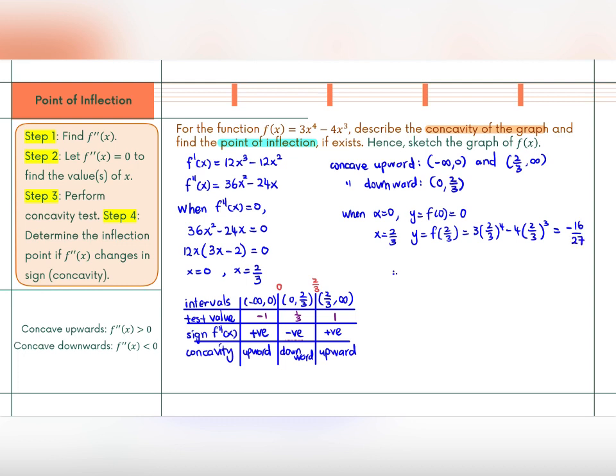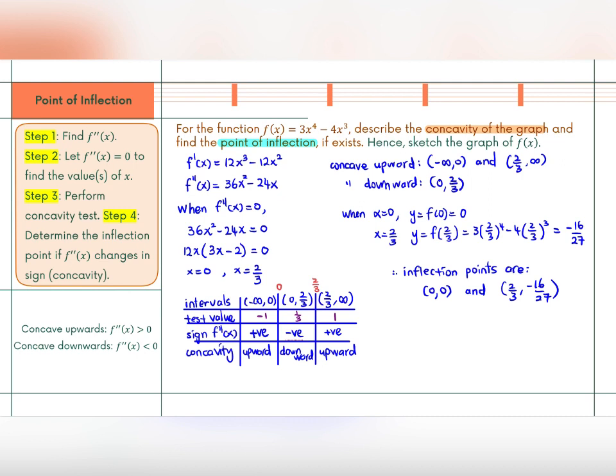So therefore, we can conclude our points of inflection are 0, 0 and 2/3, negative 16/27. Okay, so that's our answer for the inflection point.